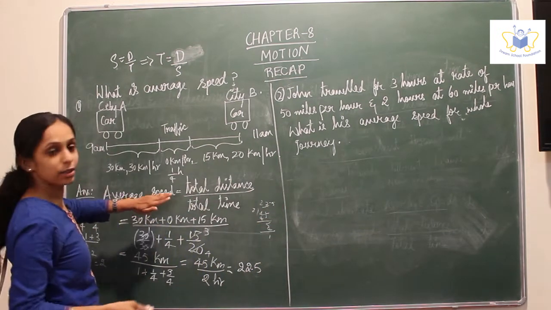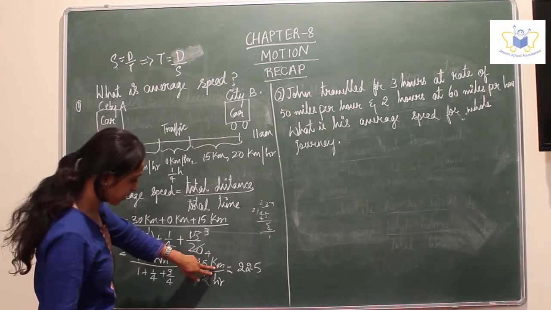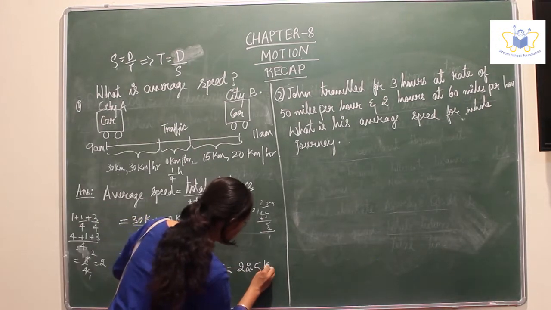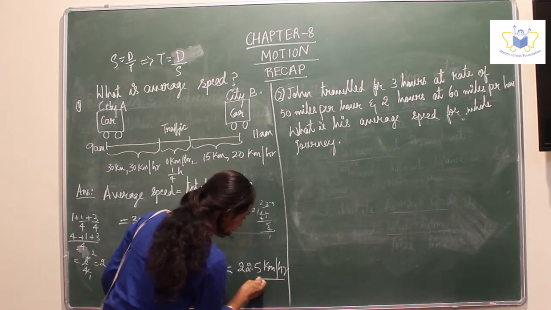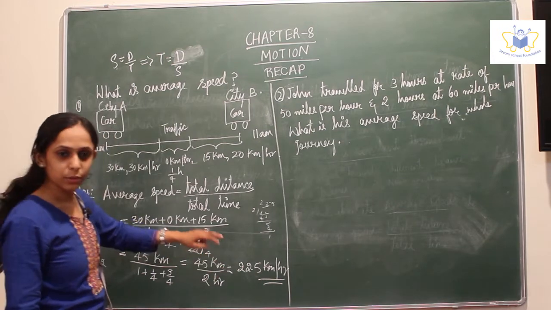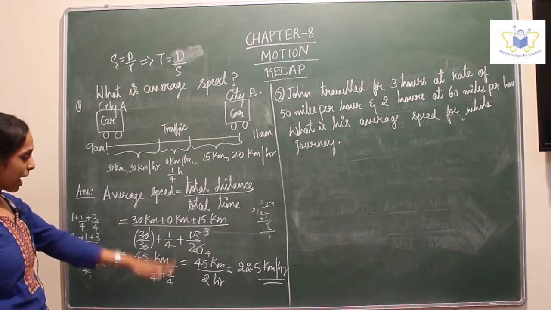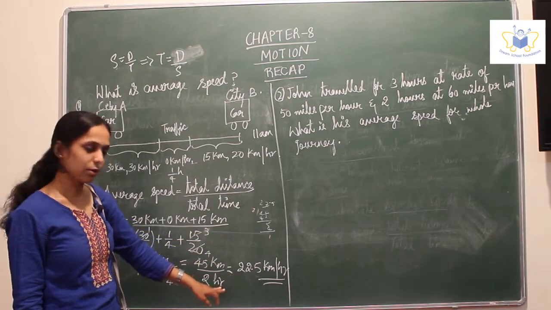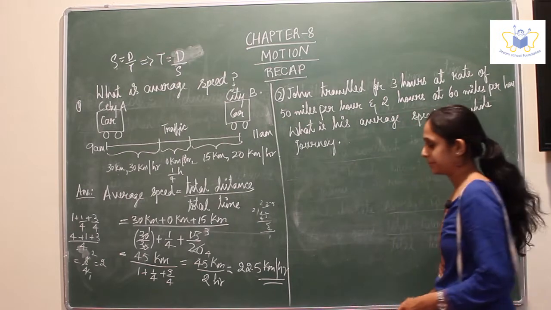So what is the unit of speed? As I told you, kilometers per hour. You can just assume it from here: kilometers remain here, and hours come up, so it becomes kilometers per hour. So what is your average speed? 22.5 kilometers per hour. Are we clear? So average speed is 22.5 kilometers per hour. Okay. Please note it down.